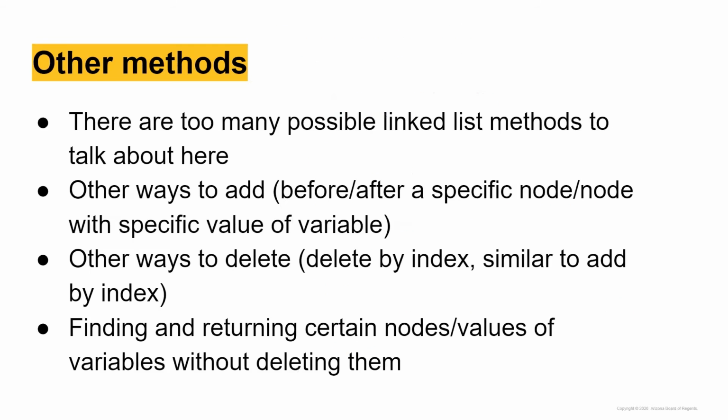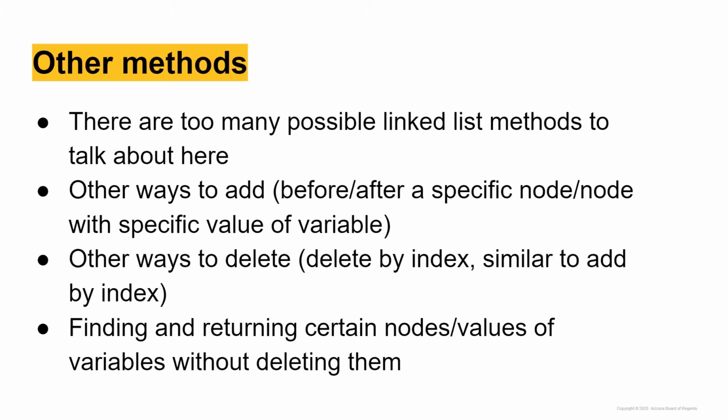All right. So I just want to quickly touch on some other methods. There are many possible linked list methods that you could have. You can kind of customize linked lists a lot. You can have doubly linked lists. You can have circular linked lists. Those are fun. And you can do a bunch of different crazy stuff with linked lists, way too many that I have time to talk about here. So there's other ways to add.